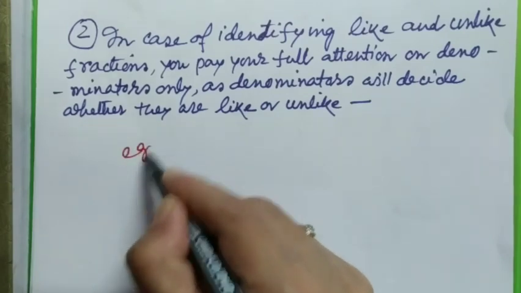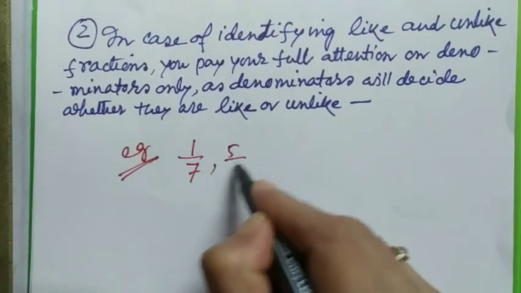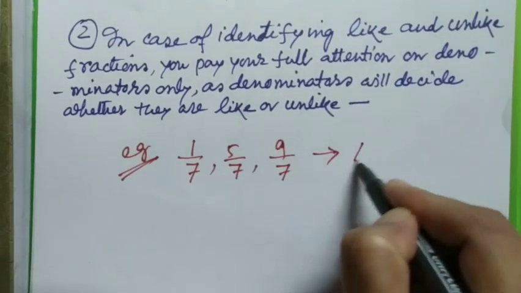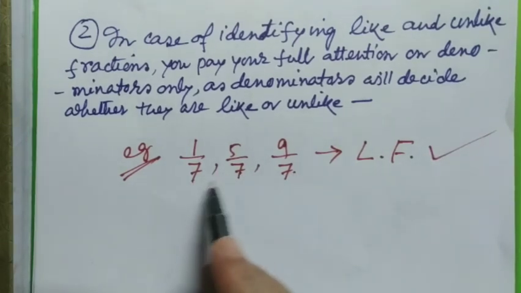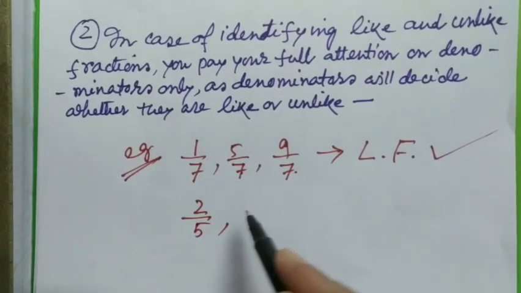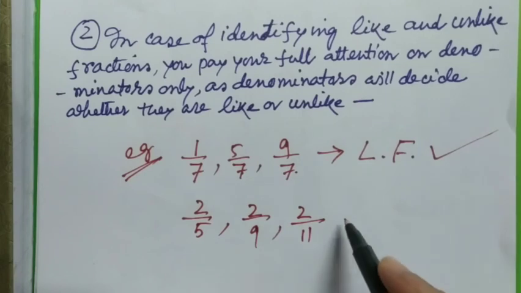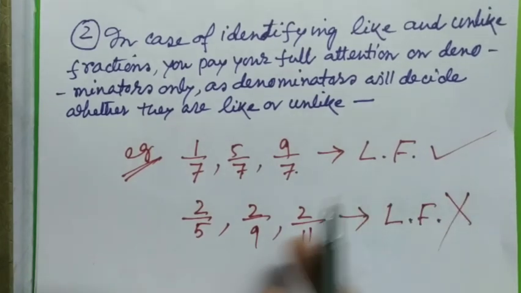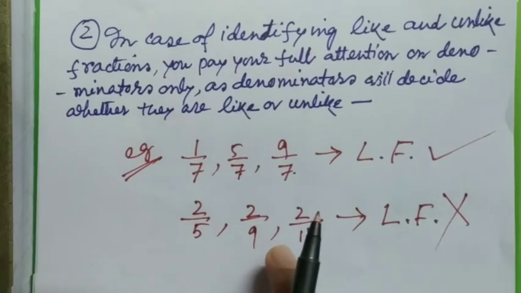For example, if I write like 1 by 7, 5 by 7, 9 by 7, then they are like fractions, and this one is the right one, because you see all denominators are equal. But if I write like 2 divided by 5, 2 divided by 9, 2 divided by 11, these are not like fractions. Here denominators are unequal.